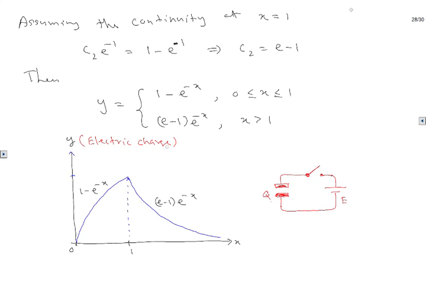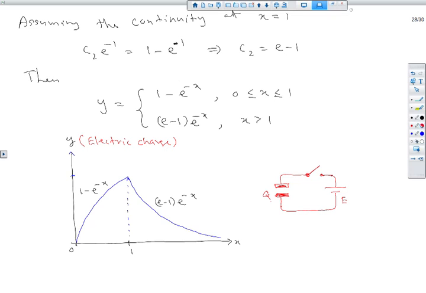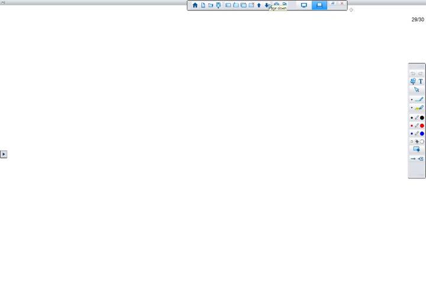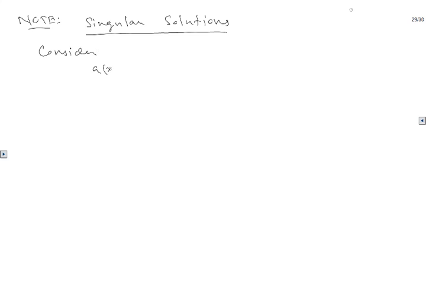Okay, so I just want to write a description about another case, what we call singular solutions. So I'm going to write a note. Singular solutions. Consider a(x) dy over dx plus b(x) y equals c(x).